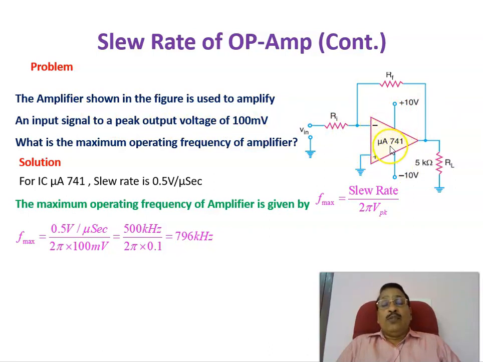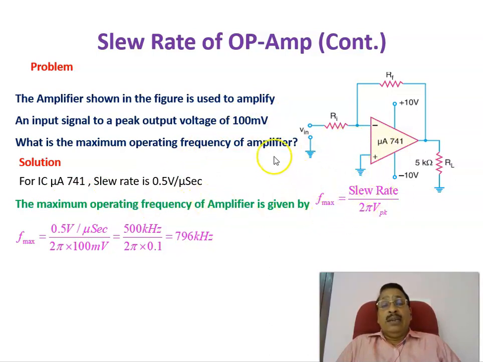The slew rate of the op amp for an IC741 you can get from the manual. It is 0.5 volt per microsecond. Here, V peak is 100 millivolt, which is 0.1 volt.